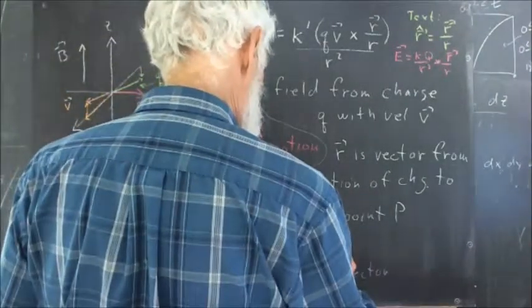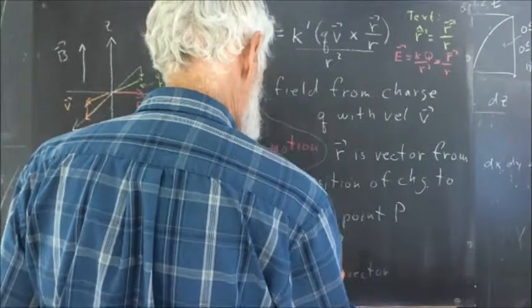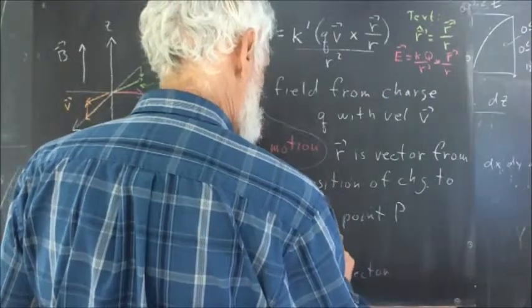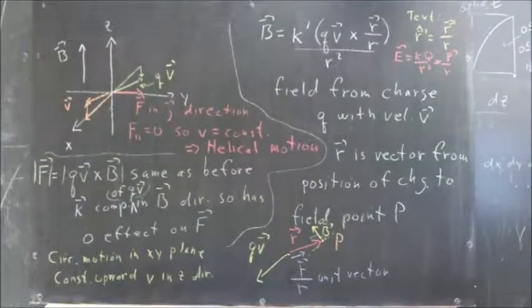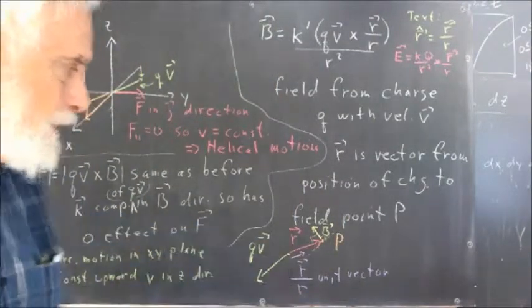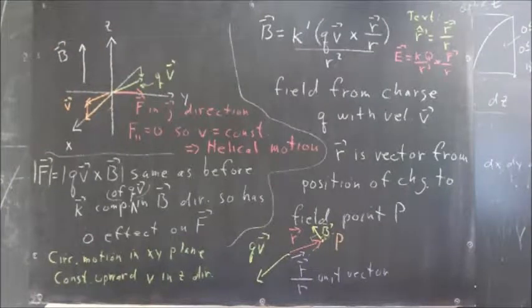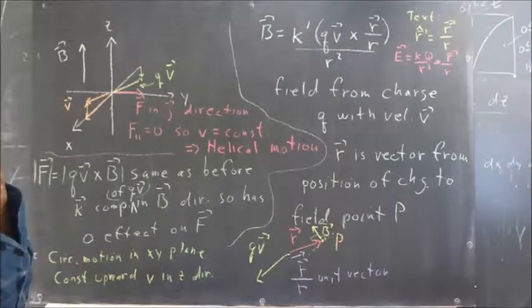So if I draw a dotted line parallel to the QV vector, we would have a right angle here. And I've drawn that very faintly because I could easily really mess up this picture. Okay, that's the idea.